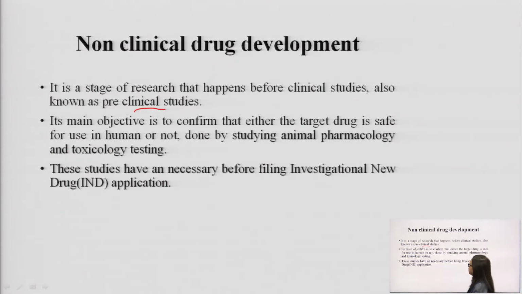In preclinical studies, we check whether the target drug is safe for humans by doing animal studies. It means the preclinical studies are done on animals, and we do animal testing for pharmacology and toxicology.